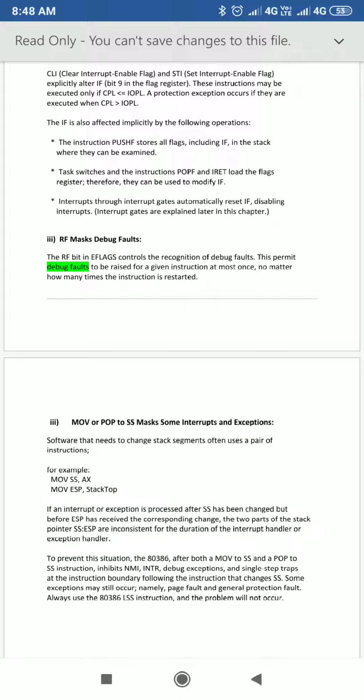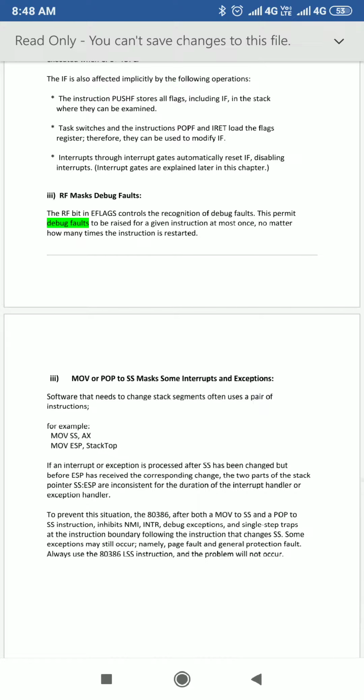If an interrupt or exception is processed after the stack segment is modified but before the stack pointer is, the stack pointer content would be wrong during the interrupt service routine.